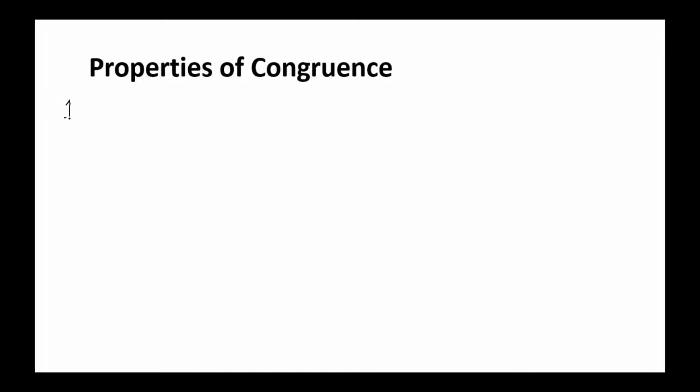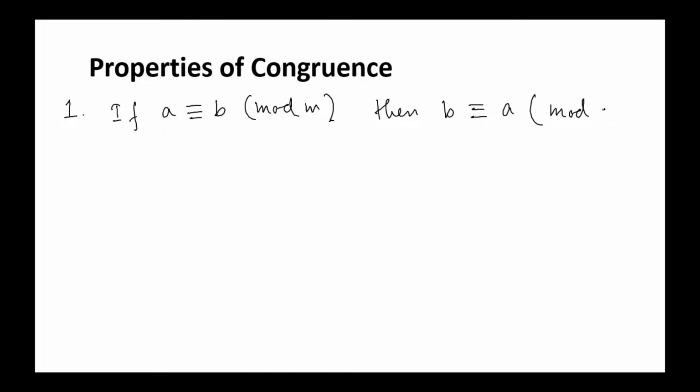Properties of congruence. Property 1. If a is congruent to b modulo m, then b is congruent to a modulo m. Property 2.